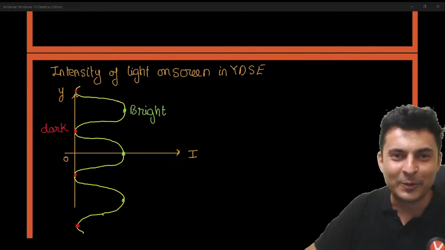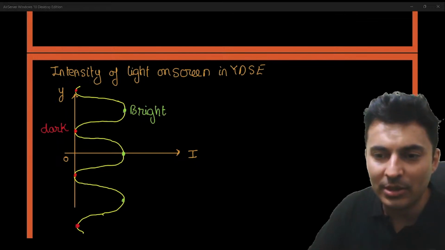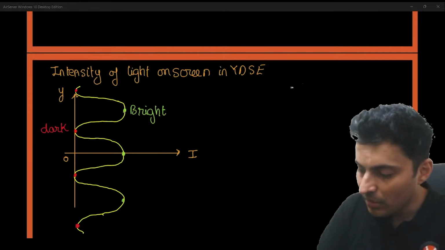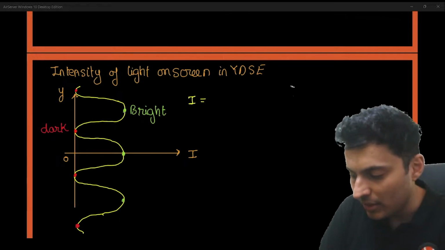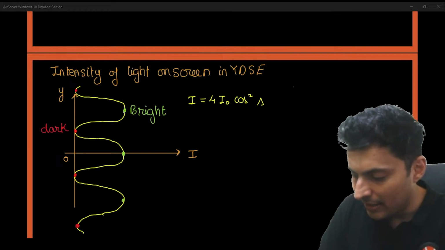How many of you realize this now? Okay. And what is the formula for this? The formula is I equal to 4 I naught cos square del phi by 2.